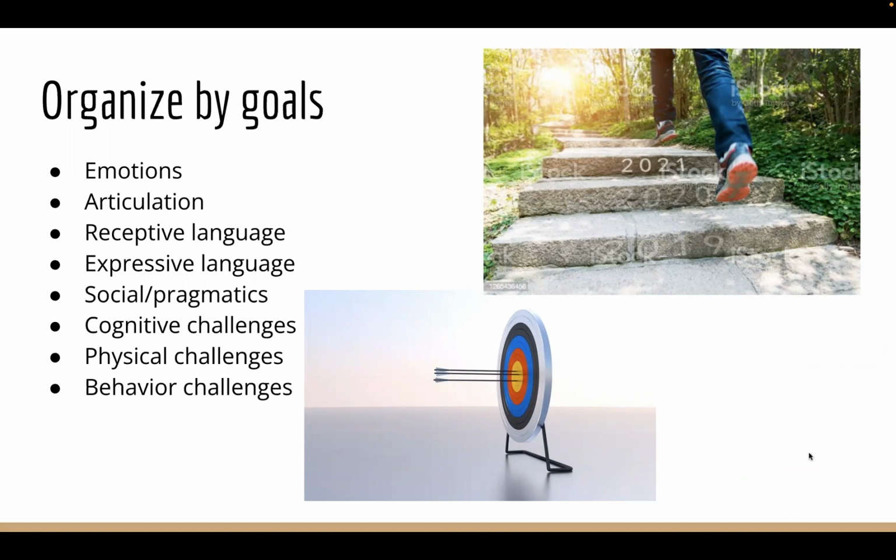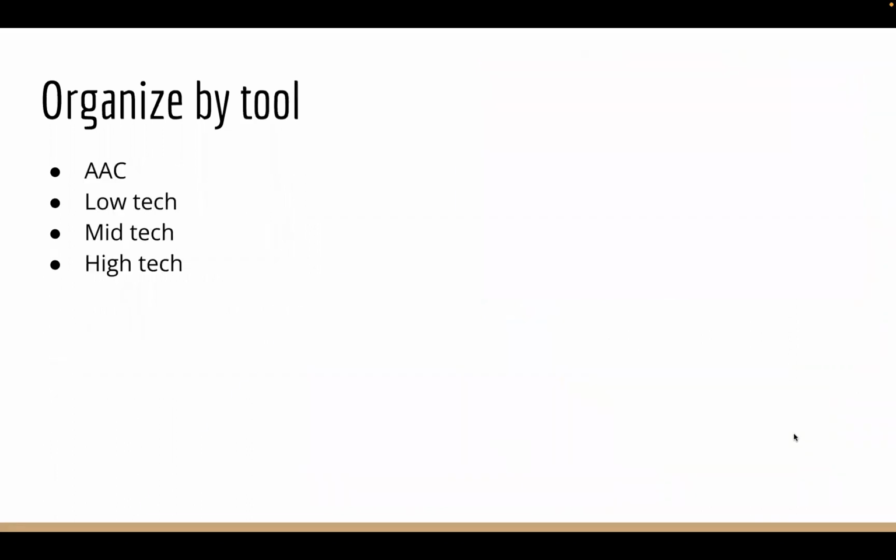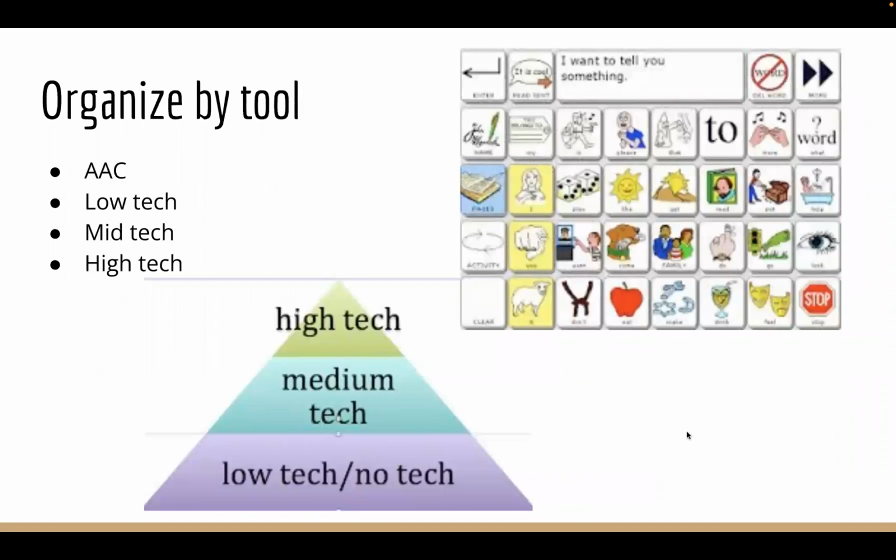Yeah, there are so many different ways to go, and we really want you to think about the way that's most pragmatic for you. Another way that you could organize them is by tool. So if you are working with students with communication issues, you might want to create a matrix just for AAC support, or low tech, mid tech, and high tech tools, or no tech tools.